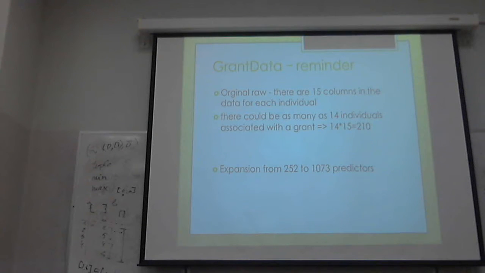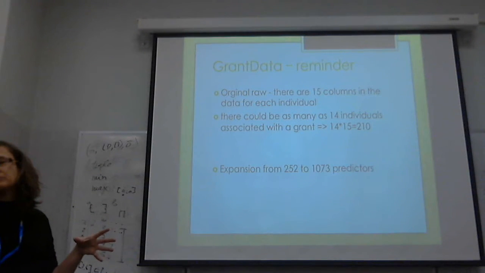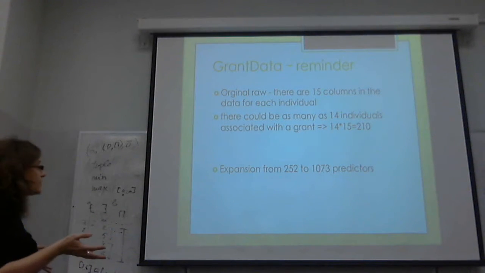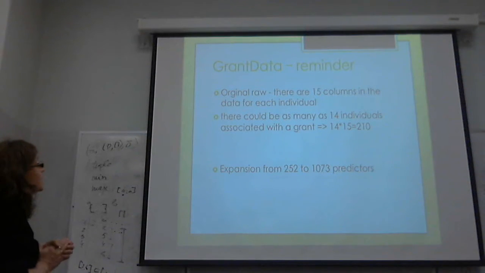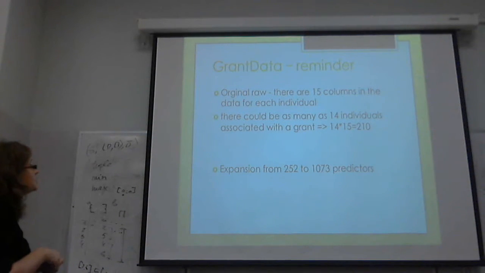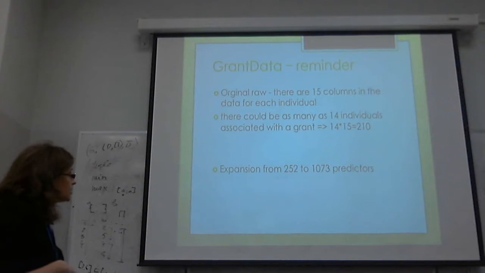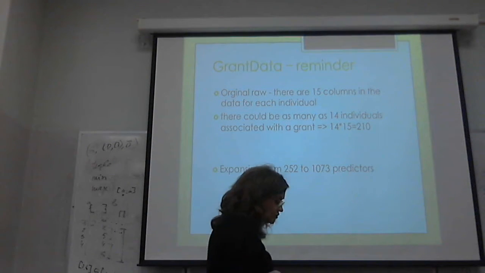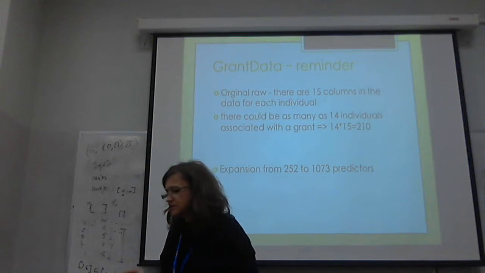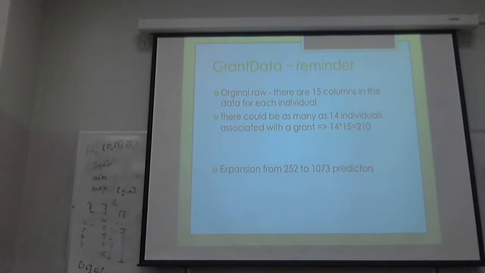Okay, just again the reminder. How we ended up with that many columns, like 1,882, when originally there were 15 columns of data for each individual. Because there could be as many as 14 individuals in each grant, it's up to 14, but some grants contain less, sometimes more.